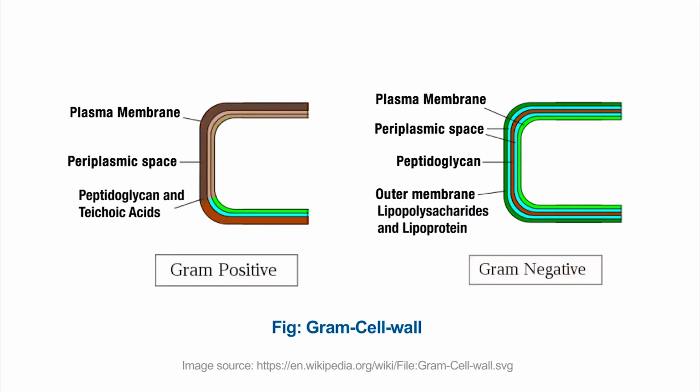Cell wall in gram-positive bacteria is thick and made up of many layers of peptidoglycan and teichoic acids. While in case of gram-negative bacteria, the cell wall is thin and consists of a few layers of peptidoglycan surrounded by an outer lipid membrane containing lipopolysaccharides and lipoproteins.